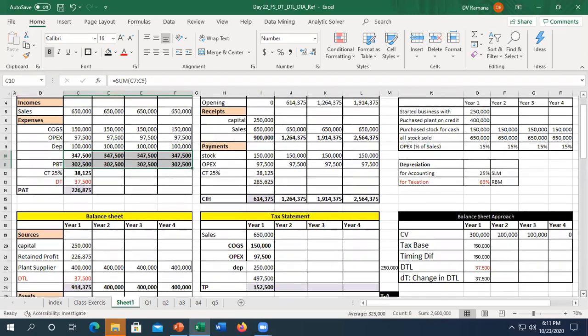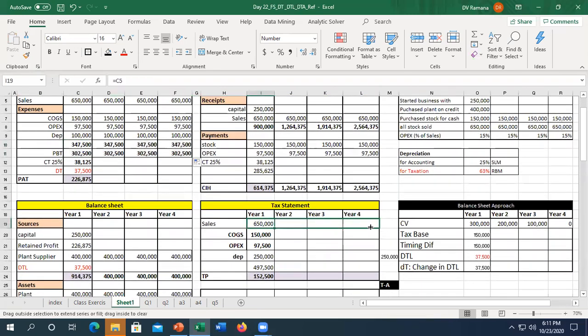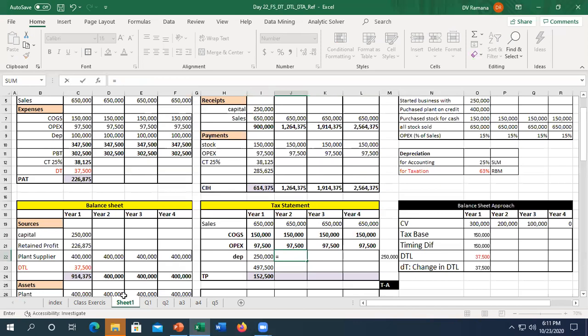Now what is the taxable profit? The sales is the same, COGS is the same, OPEX is the same, but depreciation is not the same. So what is the depreciation in year 2? It is 400,000 minus 100,000, and then 25% of that is the depreciation for tax.